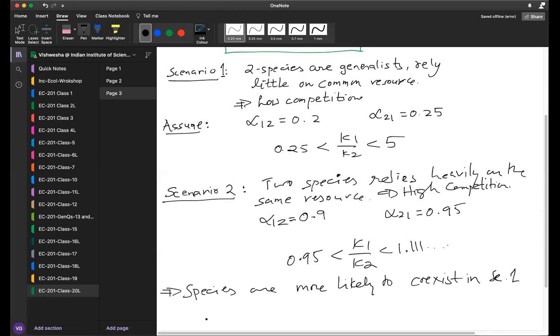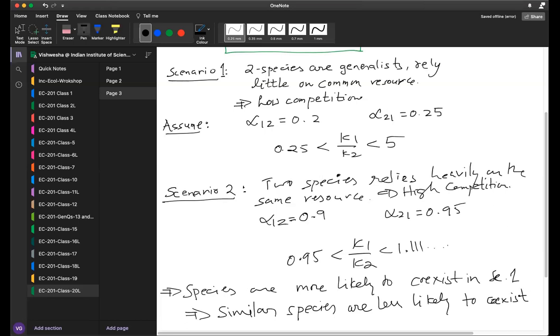or are competing for the same resource, and if they rely on very similar type, even the smallest differences in their nature will lead to one excluding the other. So basically in scenario 1, which basically means that similar species are less likely to coexist.